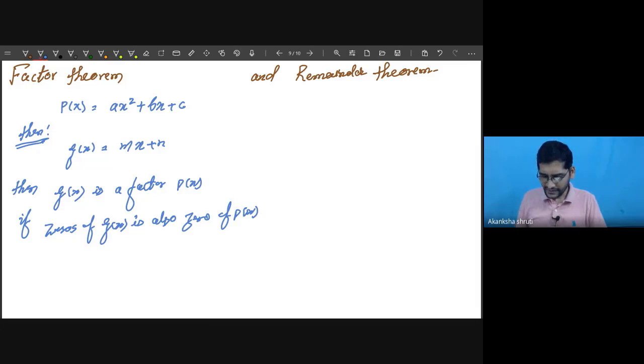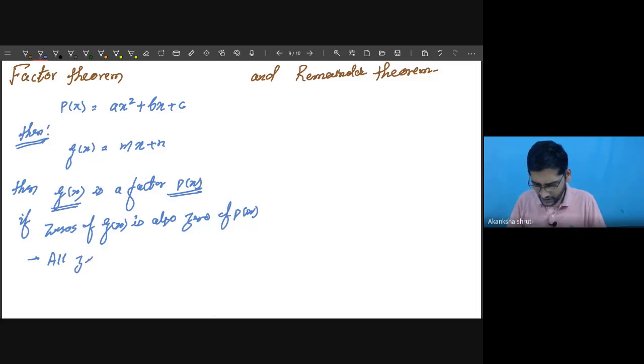Note that g(x) is a factor of p(x) means here all zeros of g(x), though it is linear, then for linear it is okay. Even this g(x) can be quadratic and p(x) can be cubic. Still this definition that the zeros of g(x) will also be zeros of p(x) holds good.